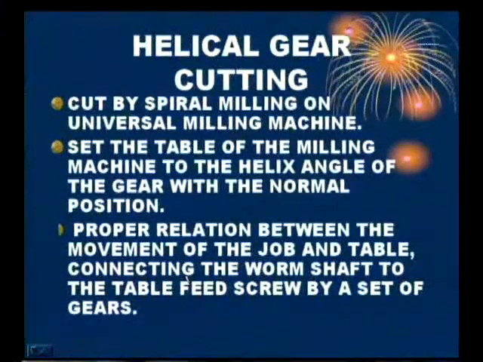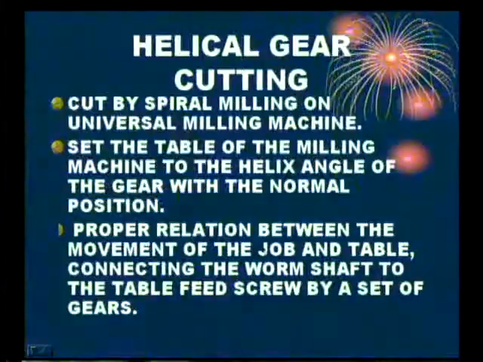The job is on the table, between the dividing head and the tail stock. The table is given movement with the lead screw, and the relation between the movement of the job and the movement of the table is obtained by connecting the worm shaft to the table feed screw. So the worm shaft on the dividing head is connected to the table feed screw, which is below the table, by a set of gears, so that when the table is moved, the worm shaft rotates, and this shaft rotates the job also.